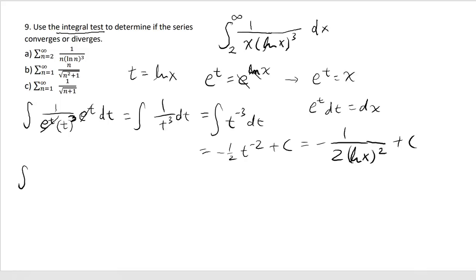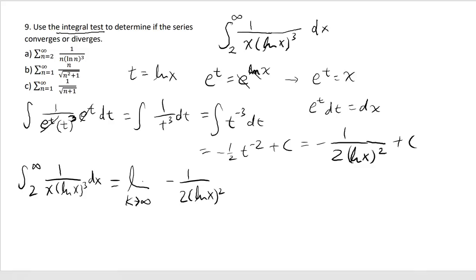Therefore this integral from 2 to infinity of 1 over x (ln x)^3 dx is the limit as k goes to infinity. Remember, this is an improper integral, so you need to involve k there. Negative 1 over 2 (ln x)^2, and because this is a definite integral, you don't put c there. We just use this much and evaluate from 2 to k.